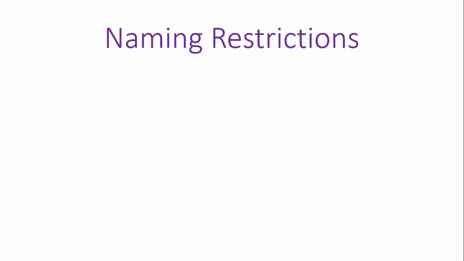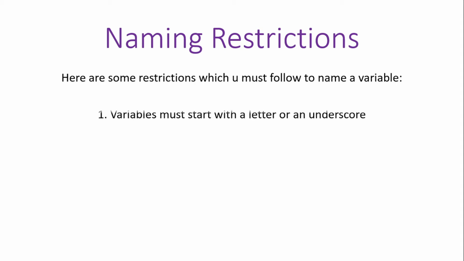Okay, so now we'll be learning what are the restrictions that Python applies on naming the variable. First thing is variable must start with a letter or an underscore. If your Python variable starts with an underscore, it's fine. But if it starts with a number or any special character except underscore, it's going to be an error for Python. It will get crazy and say, what's this? You're not supposed to put a number or a special character at the beginning.